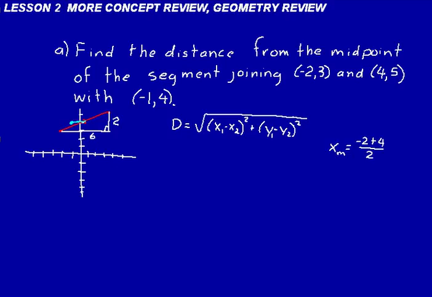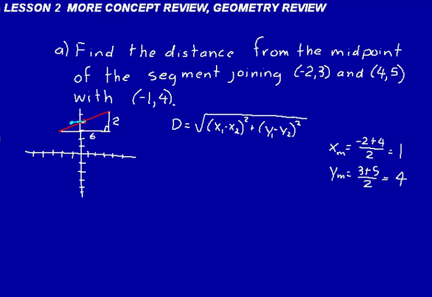It's basically kind of like an average. So that would be 2 over 2, that's 1. And then y subscript m, the midpoint for y, would be the 2 y values, 3 and 5, over 2. So that would be 8 over 2, which is 4. So our midpoint is (1, 4).